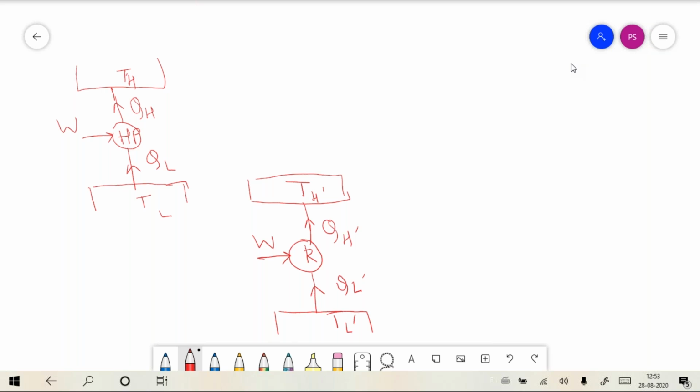So the answer is that in both the heat pump as well as the refrigerator, there is pumping of heat from a lower temperature to higher temperature. Not all of you understood, but 70% of the class has understood this. Hopefully now it is clear to all.